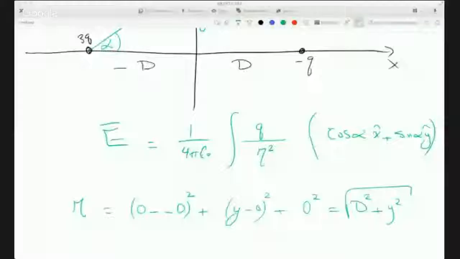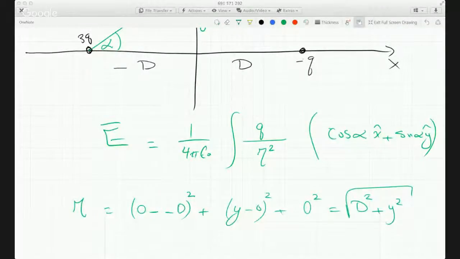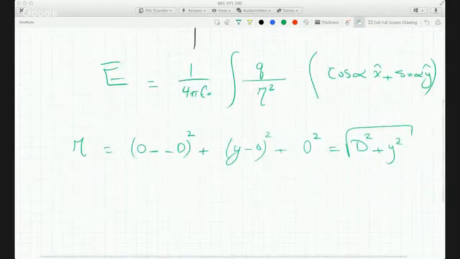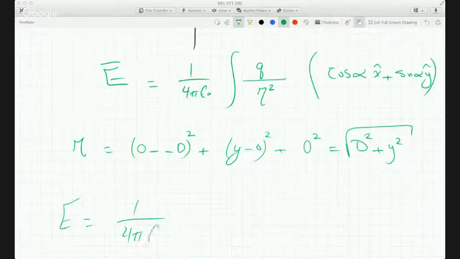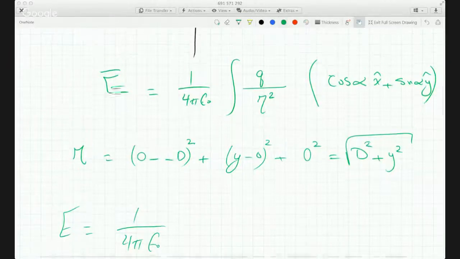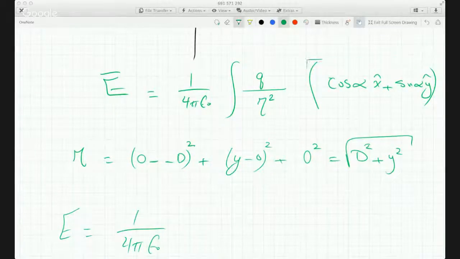So we get E equals 1 over 4 pi epsilon. This guy here is the unit vector of that.